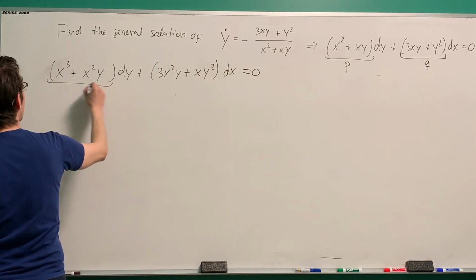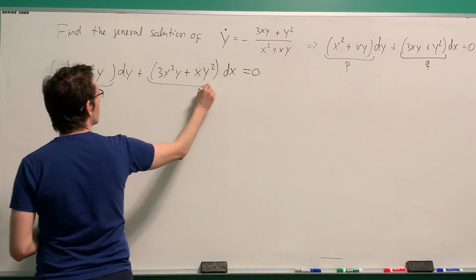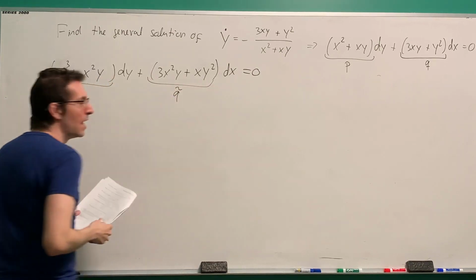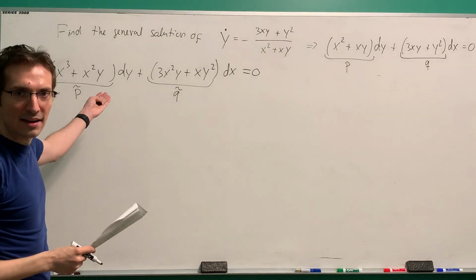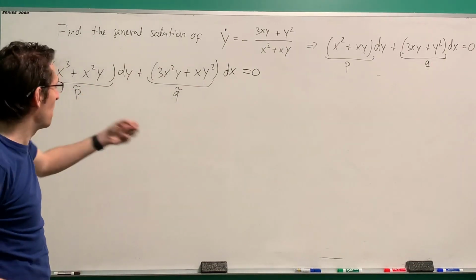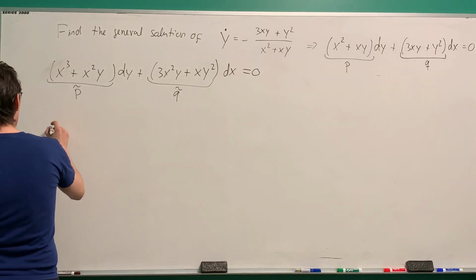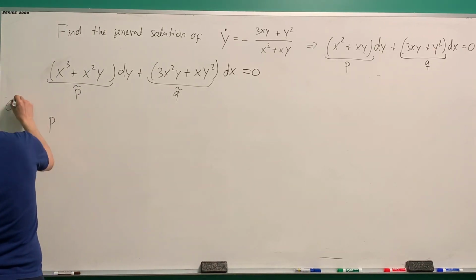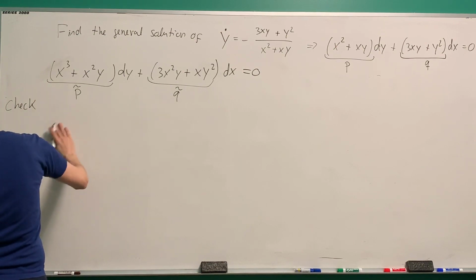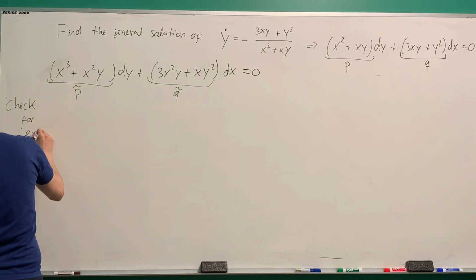Now we call this guy p tilde, we call this guy q tilde. And let's do a quick check for exactness. I mean, it has to be, we did the math right, but let's make sure that this is an exact equation. All right, so maybe I'll write it, check for exactness.